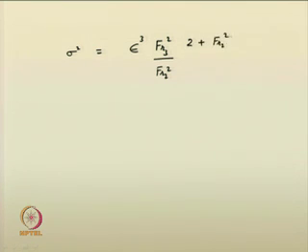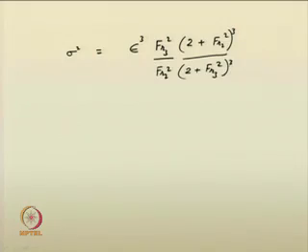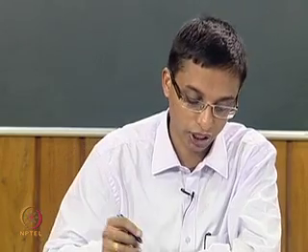So, sigma squared is equal to epsilon cube Fr3 squared by Fr2 squared into (2 plus Fr2 squared) whole cube by (2 plus Fr3 squared) whole cube, where Fr3, Fr2, Fr1 and so on are the Froude numbers at the respective sections.